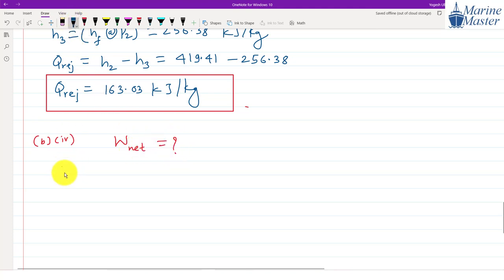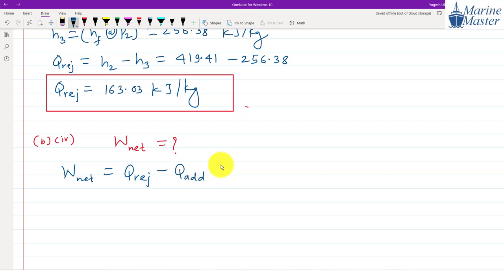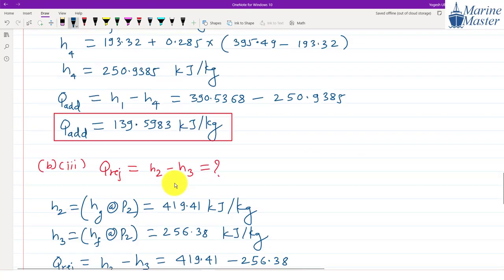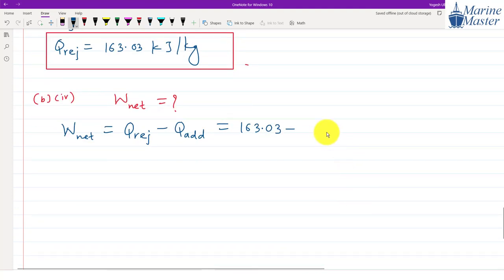And what is the relation of W net, guys? W net is Q rejection first, minus Q addition. Q rejection we calculated as 163.03. Q addition is 139.5983.